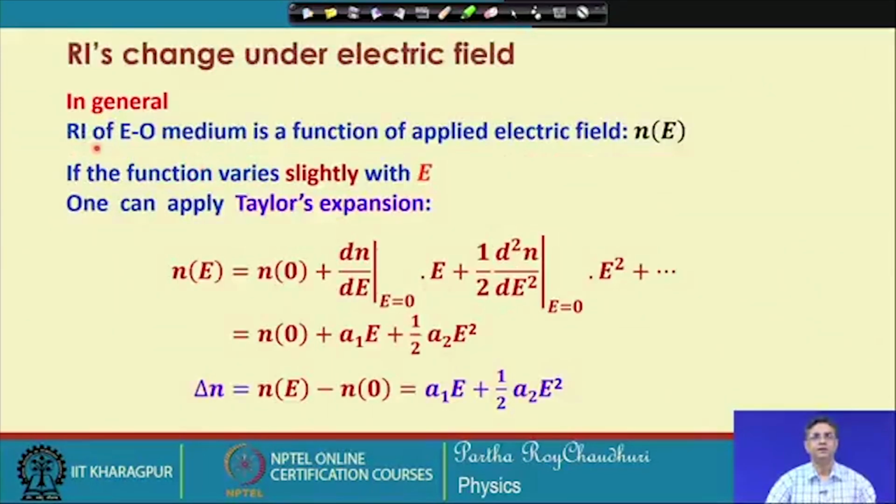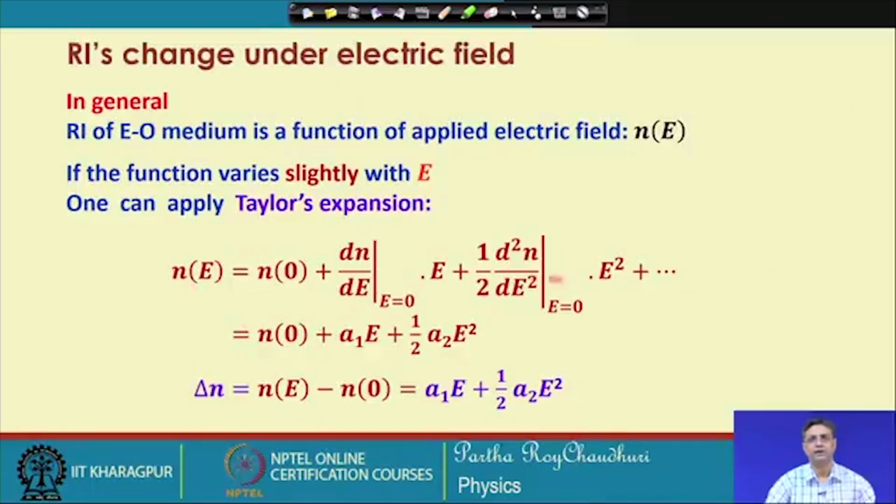So, in general the electro-optic medium has a refractive index that is a function of the electric field, and one can apply a Taylor expansion to look at how the electric field is causing the changes in the refractive index property.